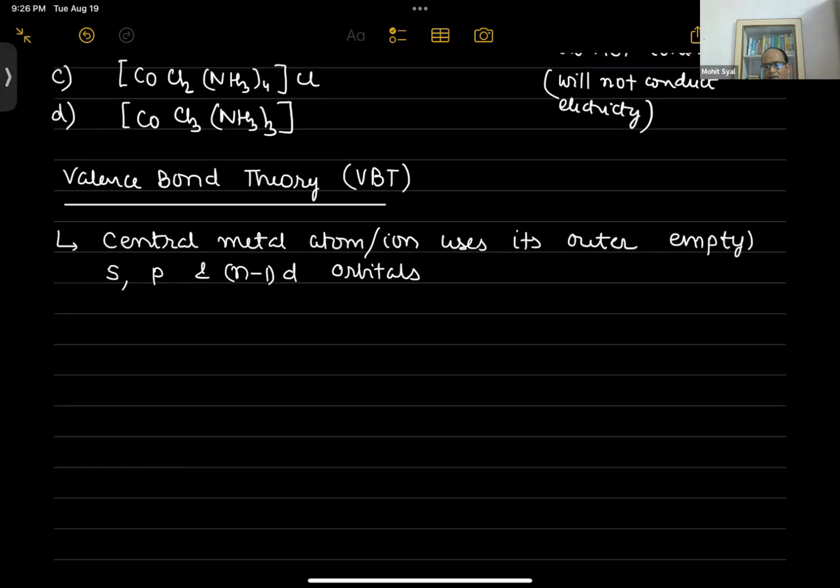I should add one word also, to form bonds with the ligands.